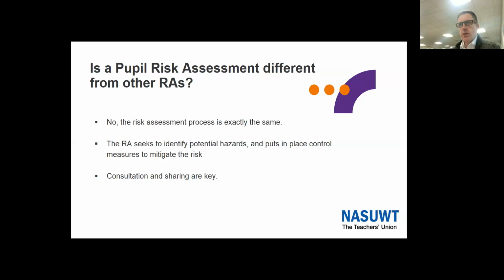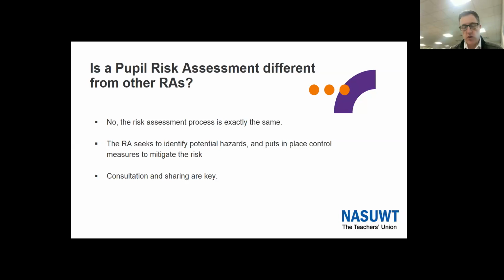But one thing I do want to emphasise is that particularly with pupil risk assessment, consultation and especially sharing is absolutely key. There's very little point in doing a risk assessment if it then sits in a folder, a physical folder or a virtual folder, and nobody gets to see it. In the case of a pupil risk assessment, it should be shared with all relevant staff, and in general, relevant staff is going to be anybody that will come or potentially come into contact with the people in question.